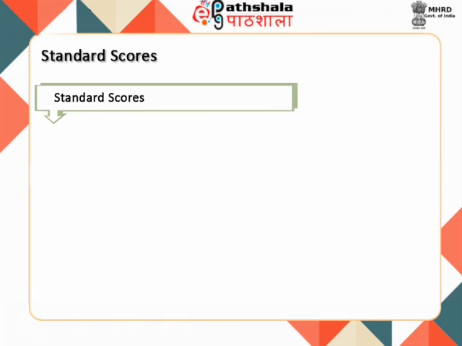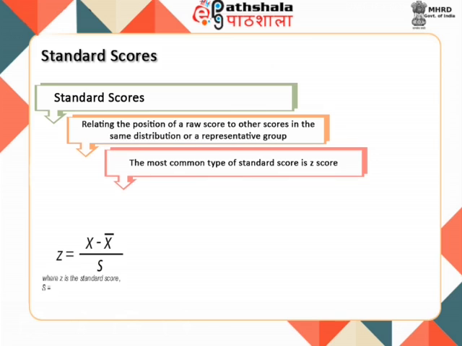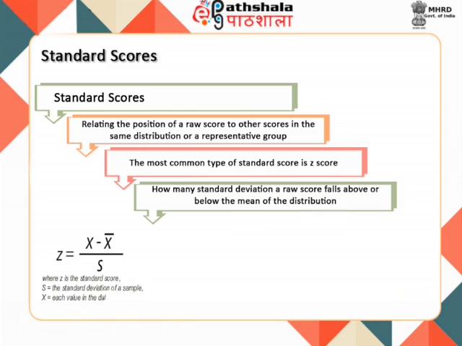A standard score provides meaning by relating the position of a raw score to other scores in the same distribution or to a distribution of scores by a representative group. One of the most common types of standard score is the Z-score. Z-score represents how many standard deviations a raw score falls above or below the mean of the distribution.